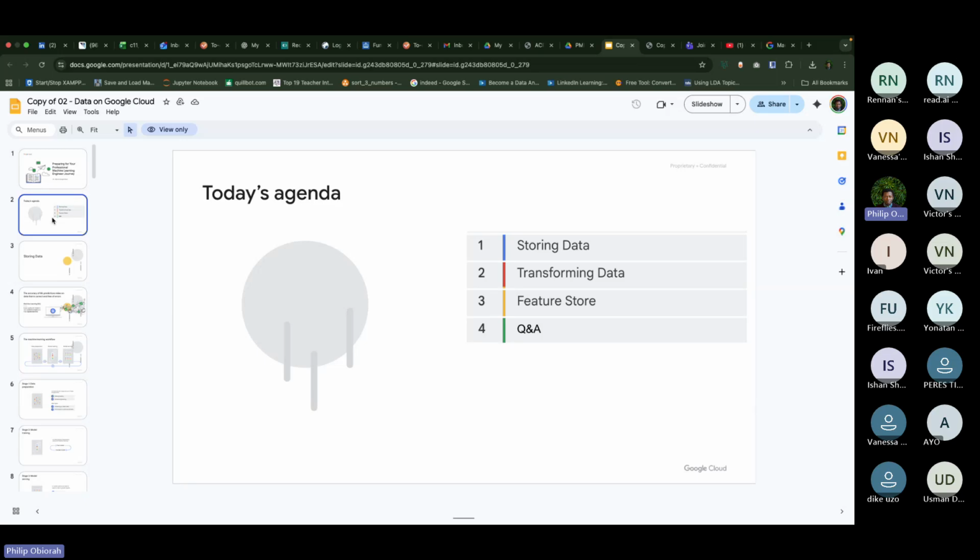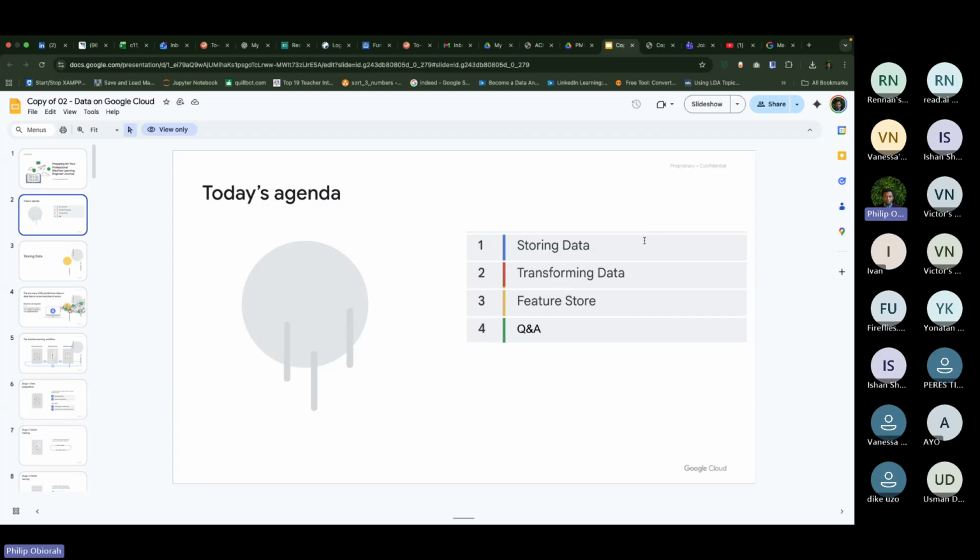In the whole machine learning process, where data is stored is very important. How data is transformed is also very important. And then we'll also be looking at feature store. Apart from looking at data quality and the storage options, you're looking at the choices you have to store the data, and the transformation pipelines that you could use.